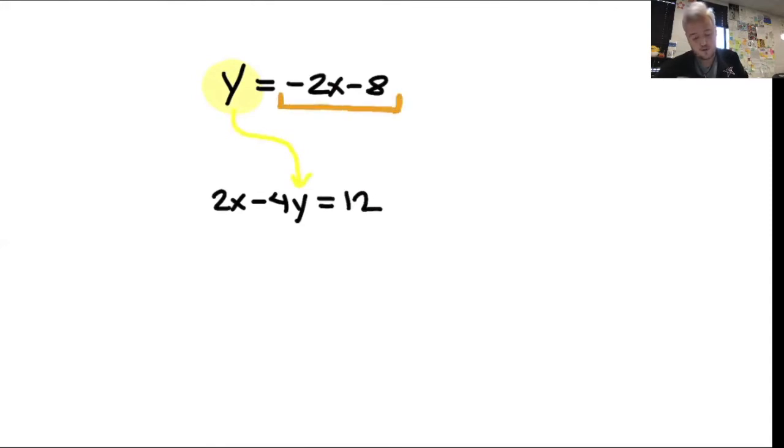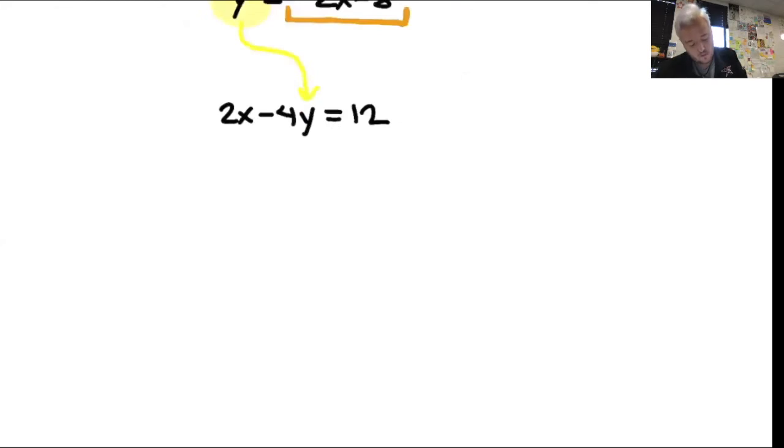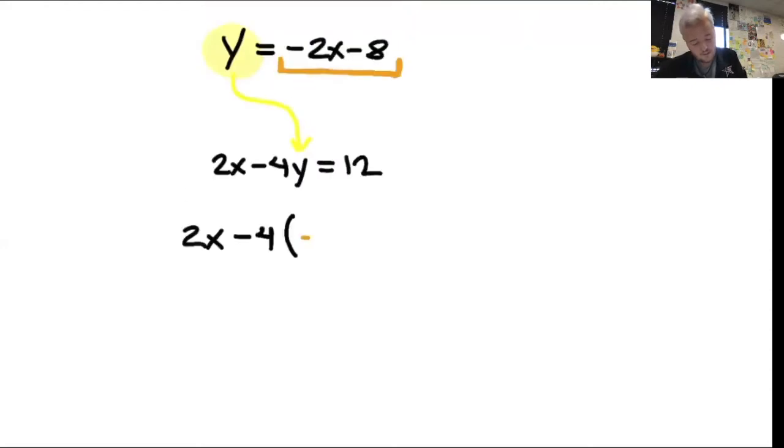I'm going to sub all that in for y. So I'm going to have 2x minus 4(-2x minus 8) equals 12. All I'm doing is replacing that variable with the other expression.